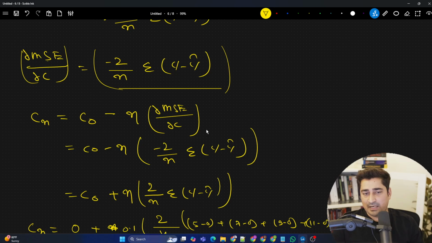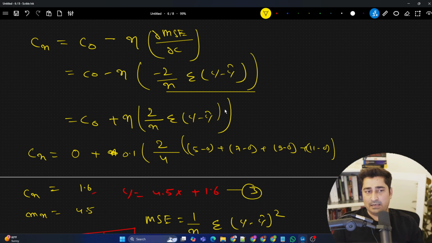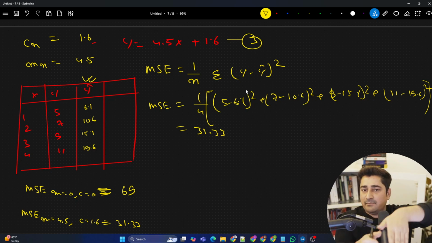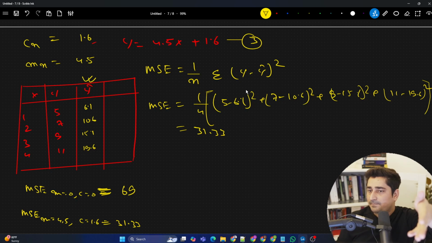You can take just this equation, because technically my new C is nothing but old C plus eta 2 by n summation of y minus y hat. Now we have a new y hat, so with respect to the new y hat, my M will change, my C will change, and finally my loss will change.